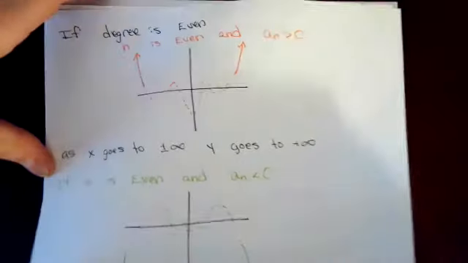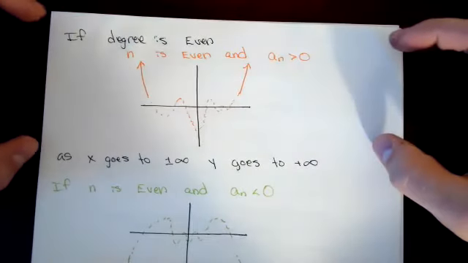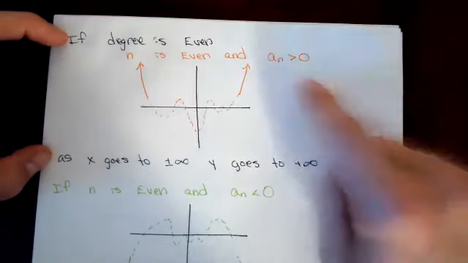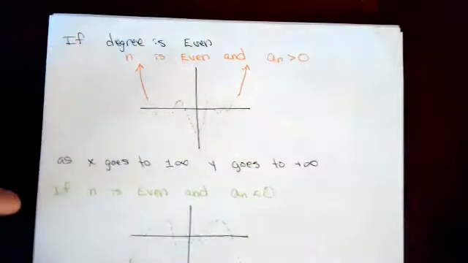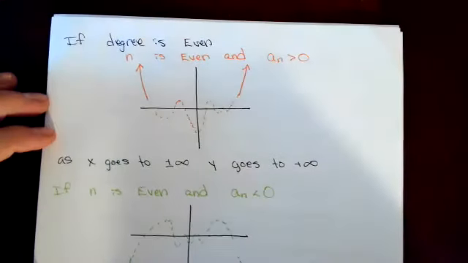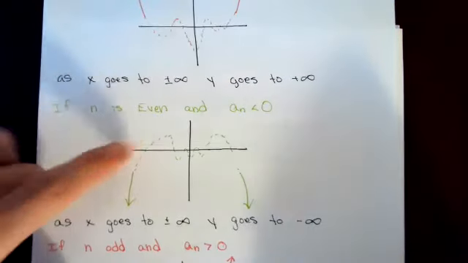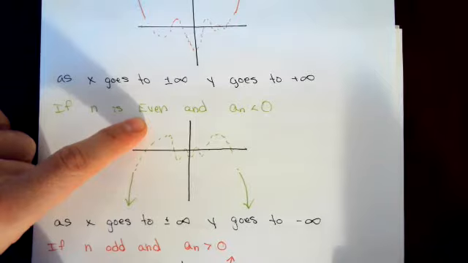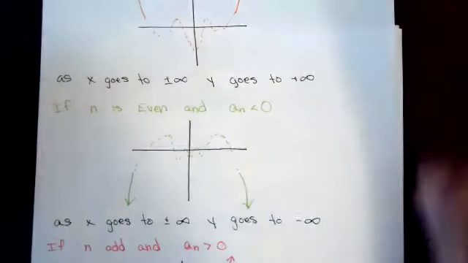So just to recap, looks like some people are still taking notes. Our even case, positive leading coefficient, both ends pointing upward. Even degree polynomial, negative coefficient, both ends are pointing downward.